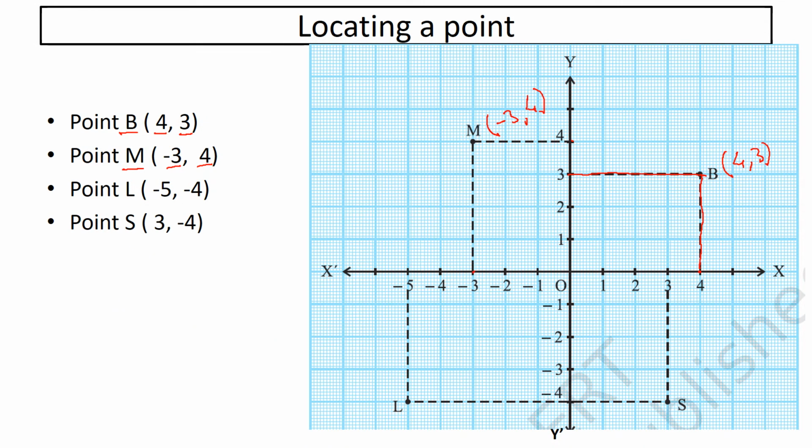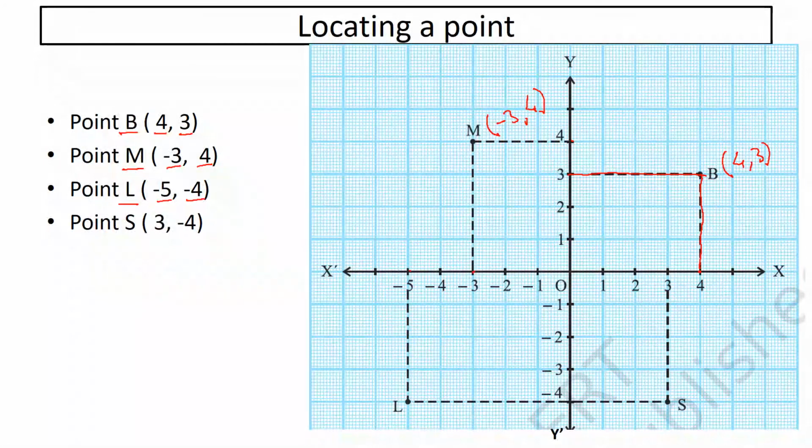For locating point L, the coordinates are given as (-5, -4). By seeing this, we can easily conclude that this point will lie in the third quadrant. First of all, we will go to the negative side of x and take 5 units here and draw a line parallel to the y-axis.